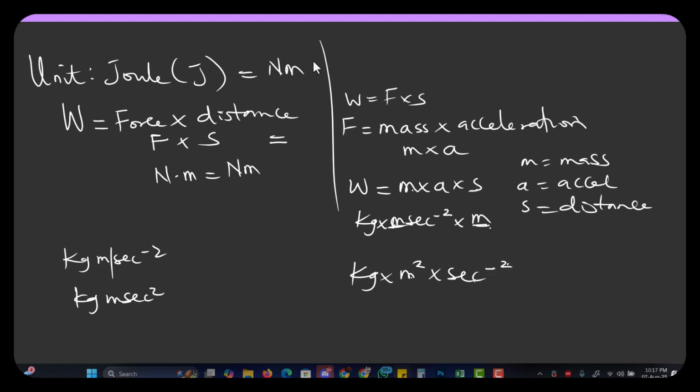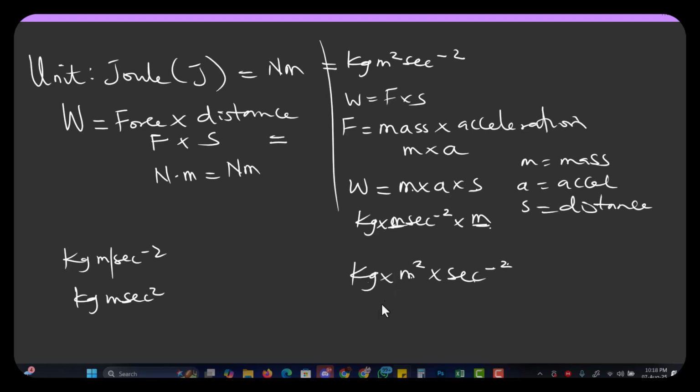So you will now see that joule has units of Newton meter, and it also has a basic unit of kilogram meter squared per second squared. So this is the alternate unit, or the basic unit, for joules. Now this basic unit can help you get your dimension.